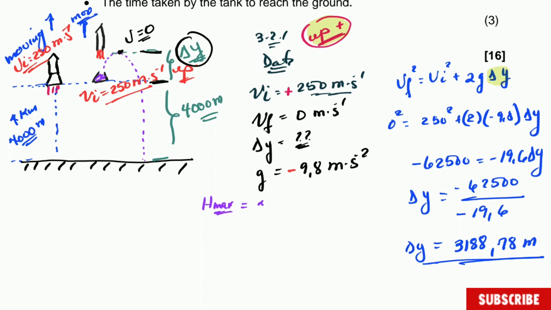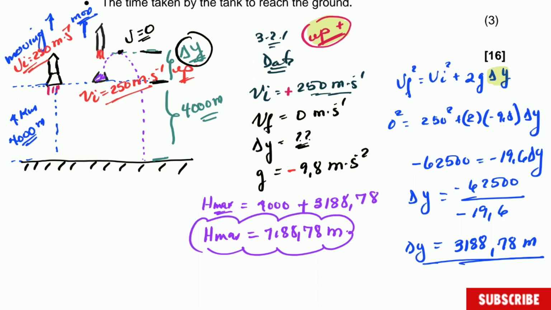That will be equal to the 4,000 distance from ground to release point plus the 3,188,78, and this maximum height, which is what they actually want, is going to be equal to 7,188,78 meters. This is the maximum height the object reached from the ground, and therefore that is the final answer.